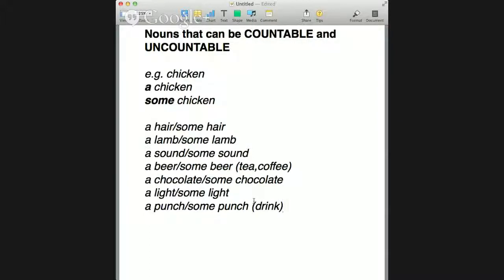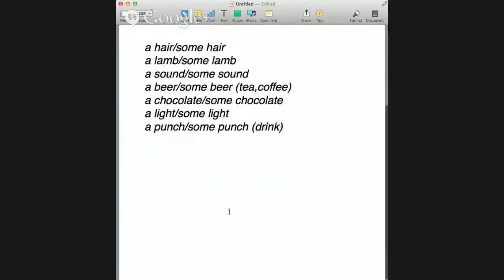You know what punch is? It's like a mixture of fruit juice and sparkling wine or something like that, and maybe has fruit in it as well. So that's a very, very different meaning between the two. Otherwise, if you want to talk about the plural of this, you would say punches, right? A punch or two punches. But that was a great one to bring up.